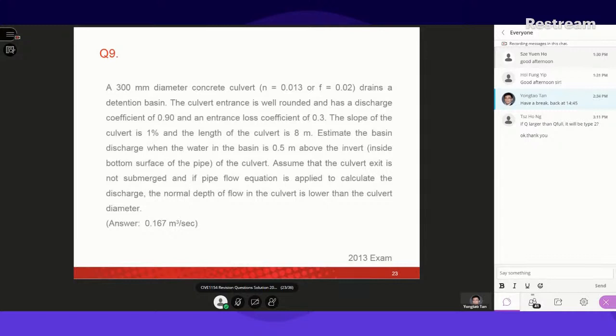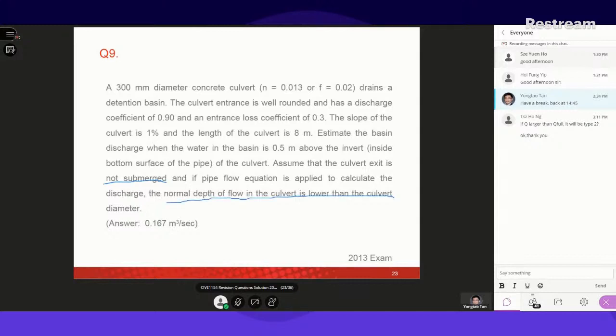Assume the culvert exit is not submerged, and if the pipe flow equation is applied, the normal depth of flow in the culvert is lower than the culvert diameter. So you can check whether the entrance is submerged or not. Of course it is submerged. Then you need to check the exit. You can see the exit is not submerged, right? Another important information is that the normal depth in the culvert is lower than the culvert diameter.